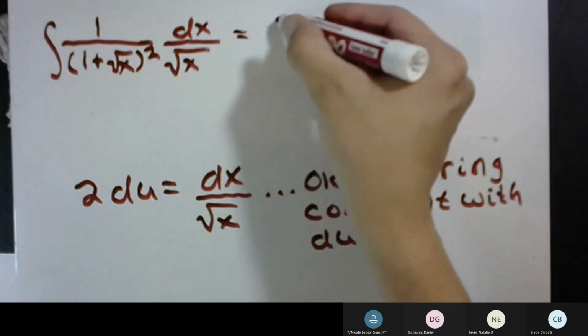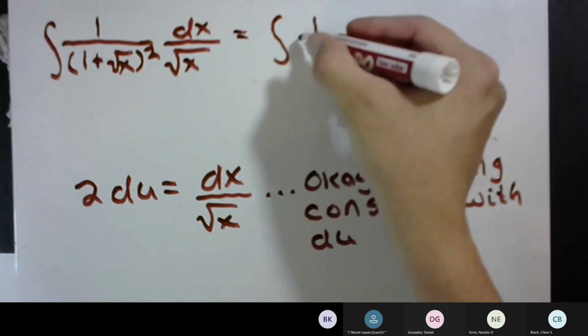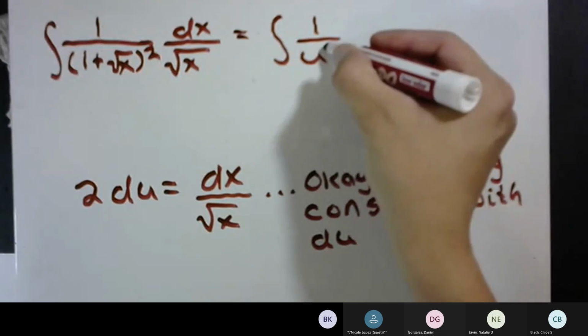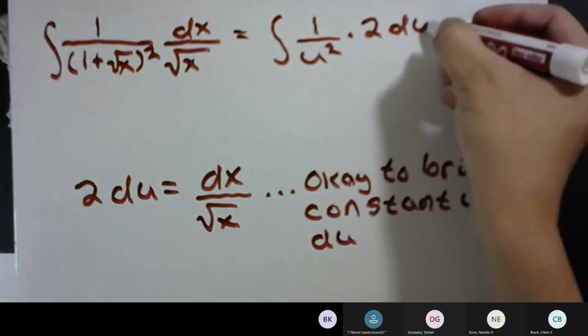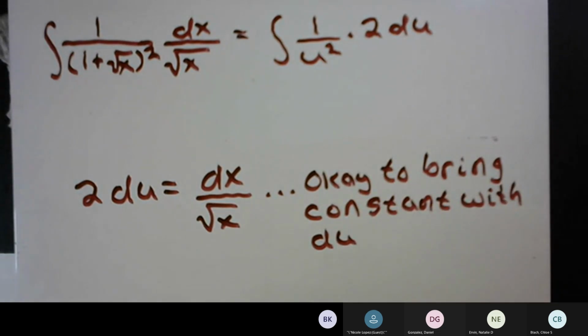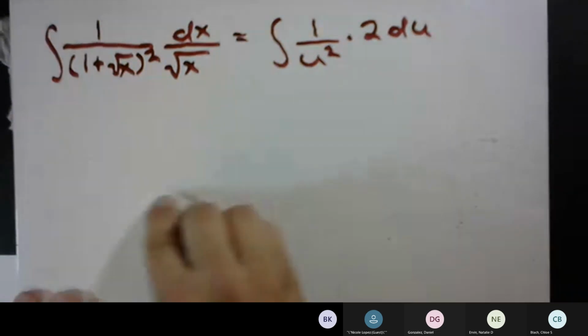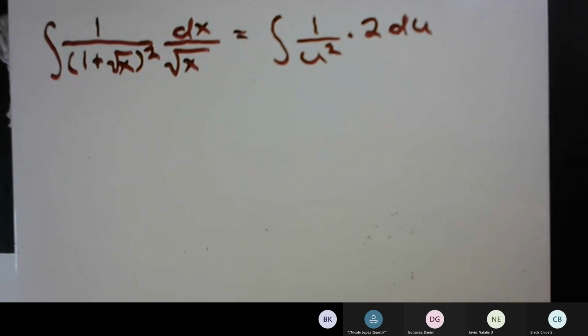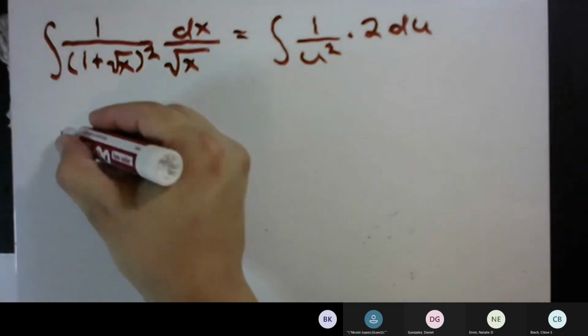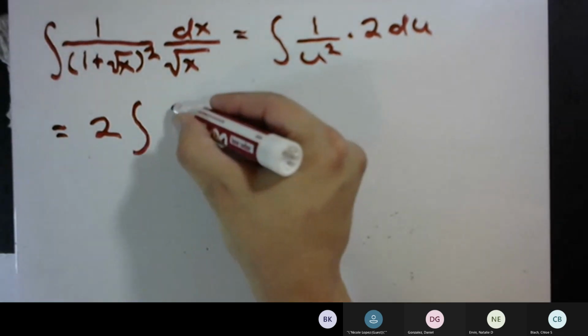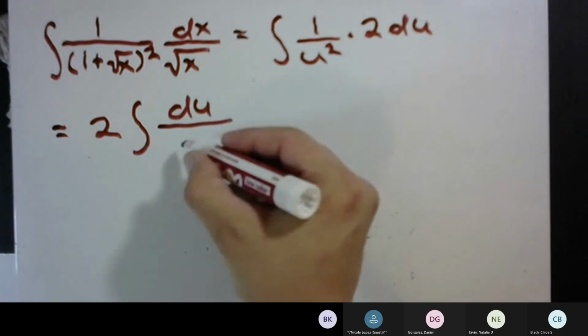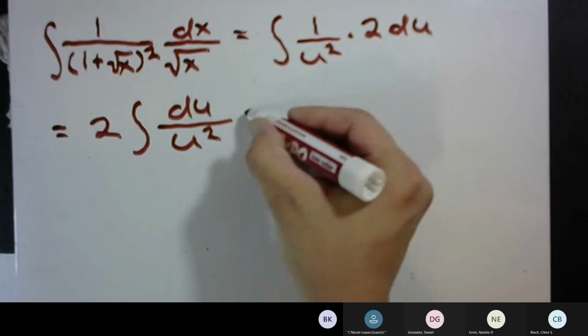Well, this will become the integral of 1 over u squared times 2 du. And because this is a constant, it'll pass through. So you get 2 times du over u squared.